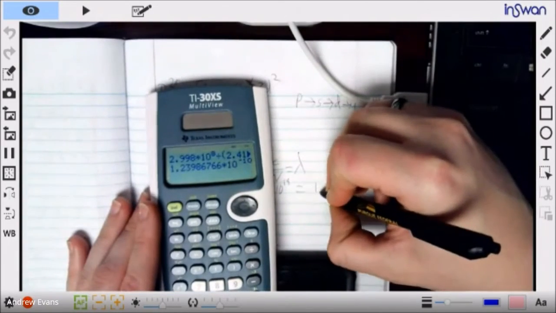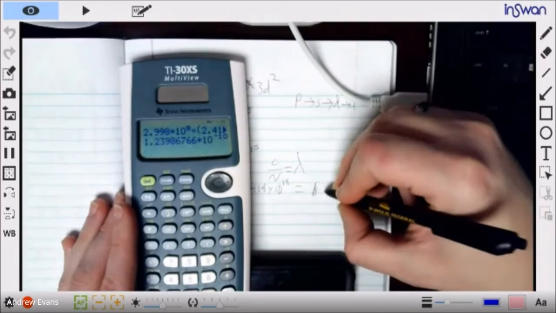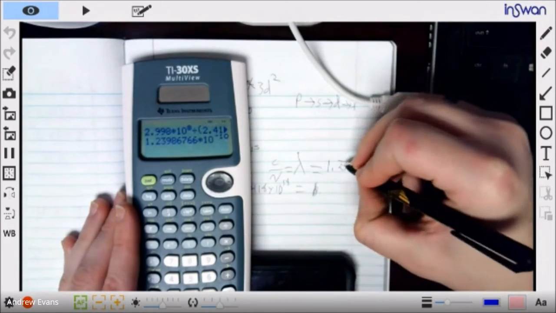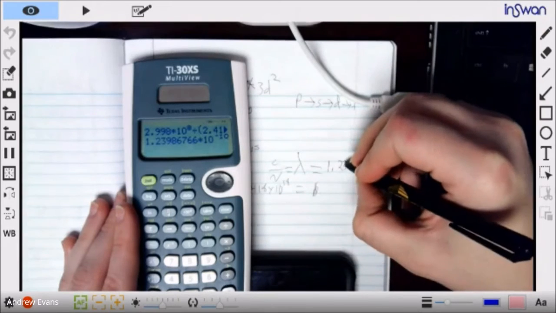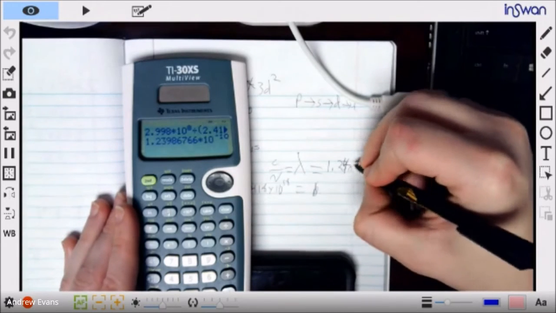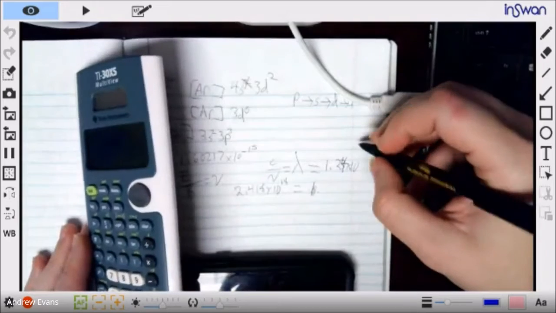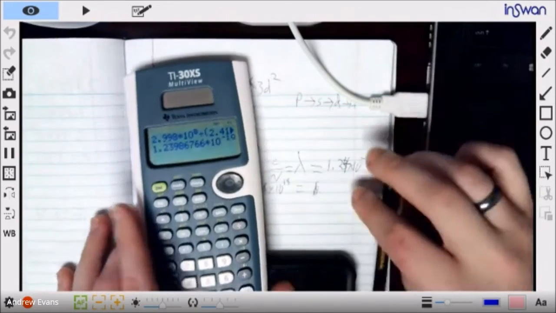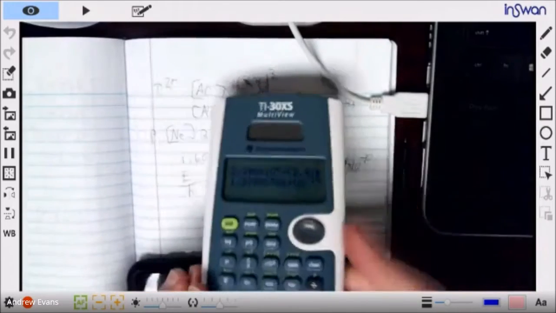We do that, we get lambda is equal to 1.24 times 10 to the negative 10th. I'm just rounding unnecessarily, but okay.